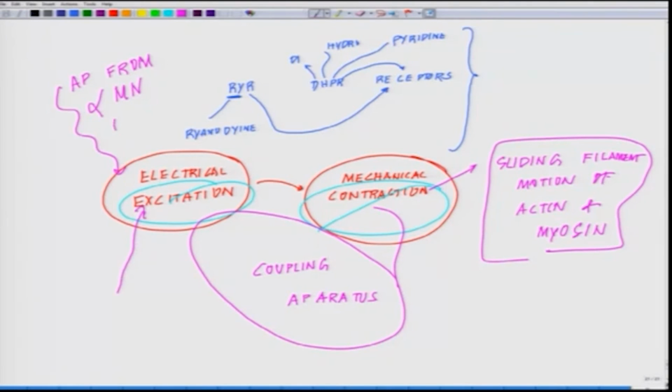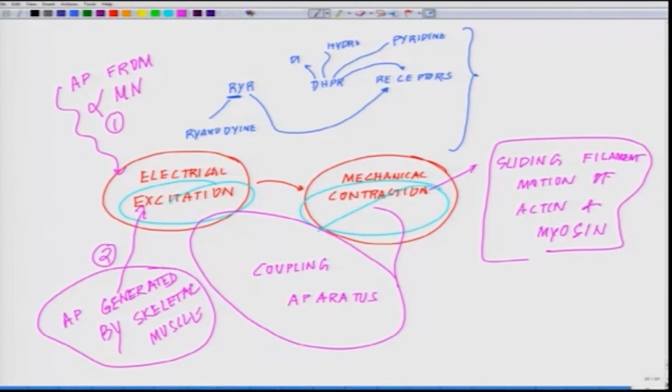Second level is, if this is the first one, the second one is action potential generated by skeletal muscle, and this action potential generated by the skeletal muscle leads to a muscular contraction governed by sliding filament motion of actin and myosin.